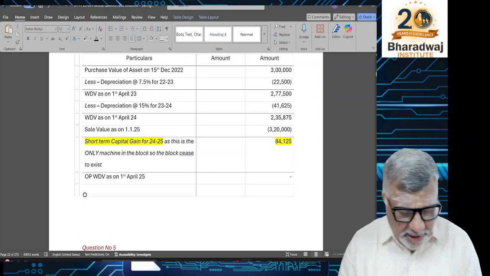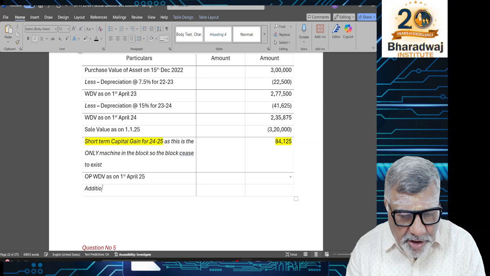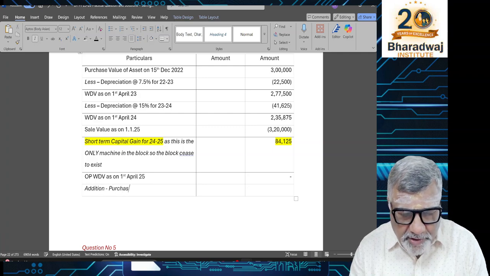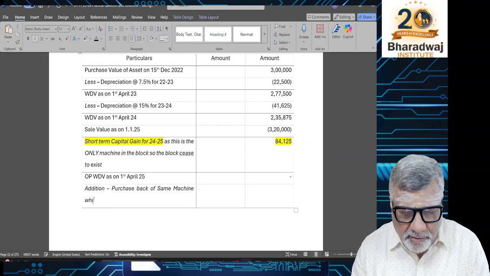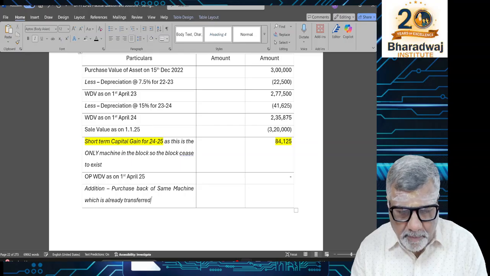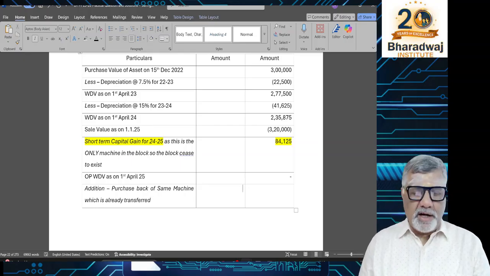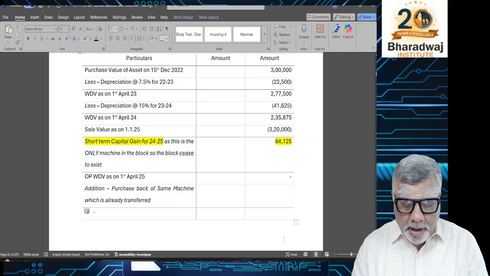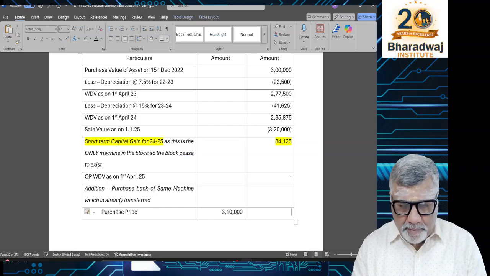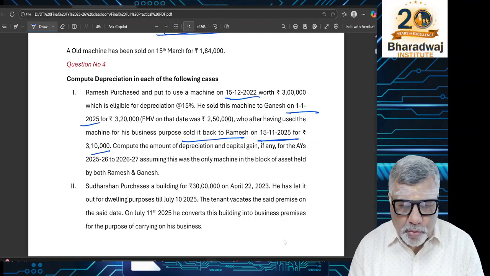Addition: purchase back of the same machine which is already transferred. Purchase price 3,10,000. I bought it back for 3,10,000.